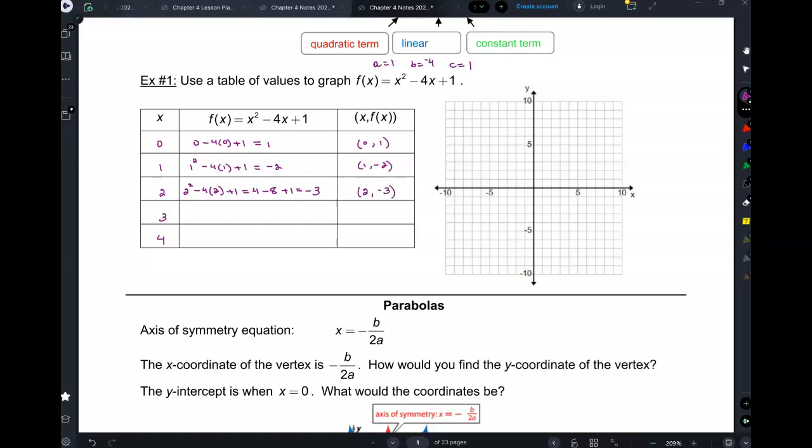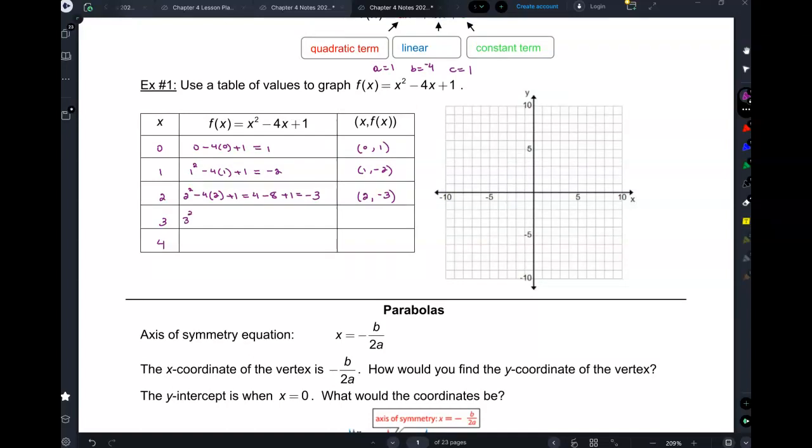Let's plug in a 3. We get 3 squared minus 4 times 3 plus 1. Do you see how I'm going step by step, not doing anything in my head, just writing down every step? 3 squared is 9. -4 times 3 is -12, plus 1.